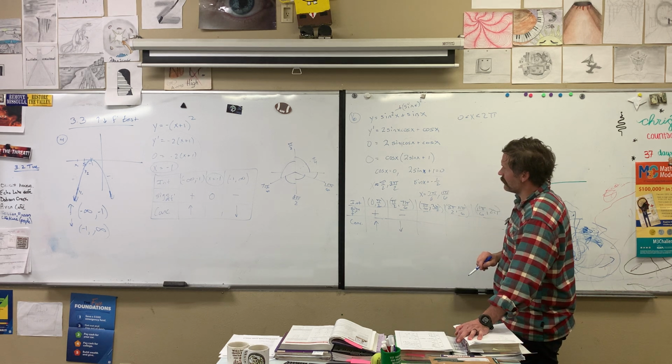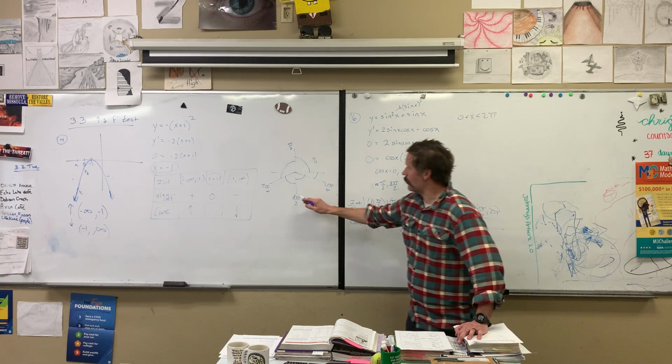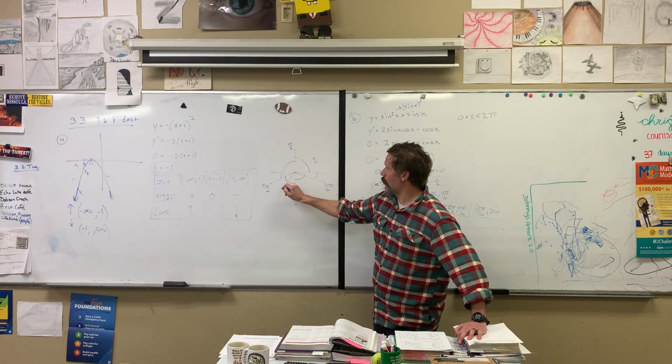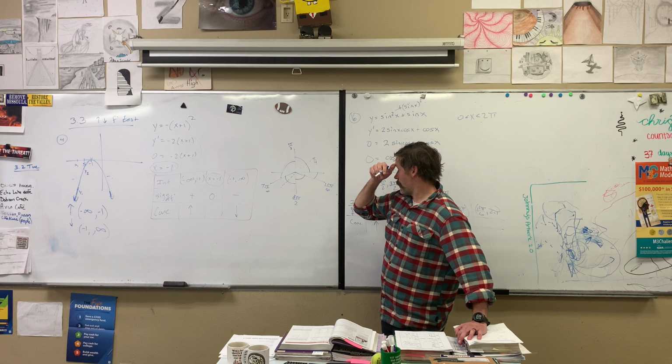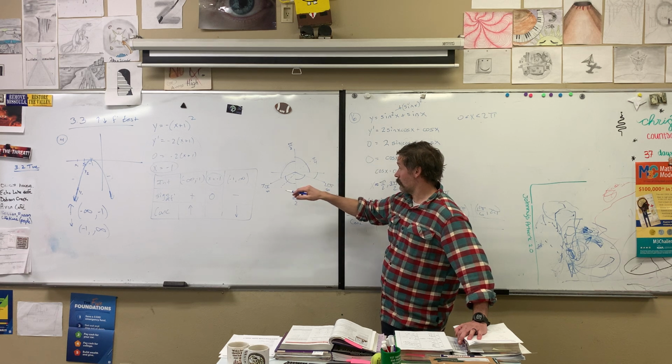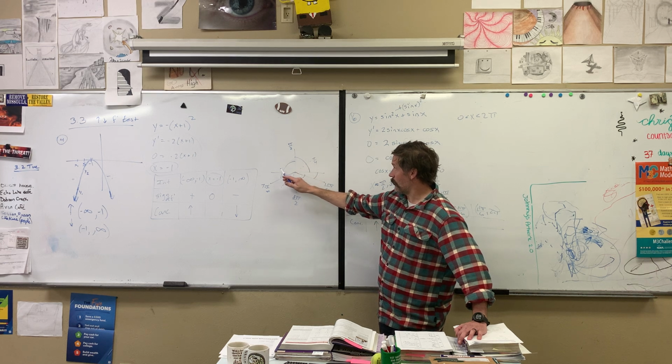And then 7 pi over 6 to 3 pi over 2, right? That one you could put a test point at 5 pi over 4. I've got to count these: 1, 2, 3, 4, 5.